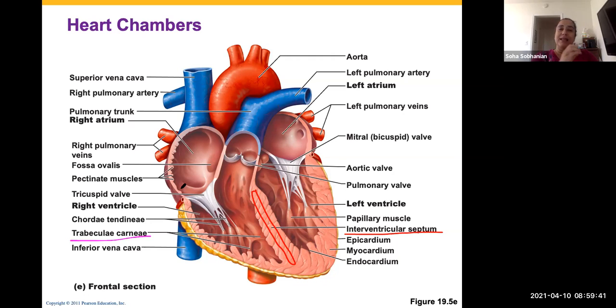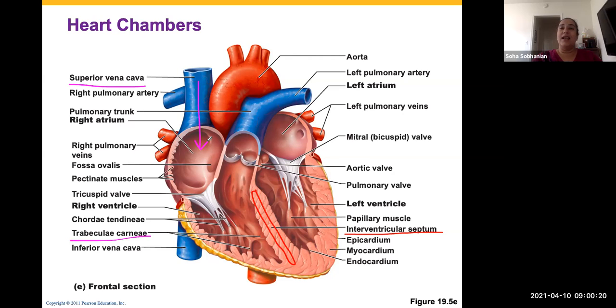And some of the blood is coming from my legs and my abdominal cavity, because my heart is in the middle. So the vein that is bringing deoxygenated blood from the top part of my body is called superior vena cava. So here is my right atrium. Here is my superior vena cava dumping blood into my right atrium.